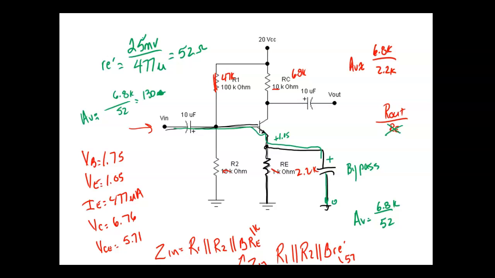No, we'd have to measure. We can't do that. Yeah. We know IE, but we don't know IB. We know IC. So we calculated IE, but remember, we're going to assume IE and IC are what? Are equal, right? Even though they're not.